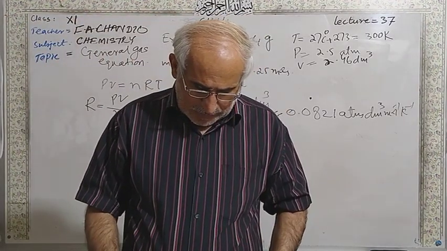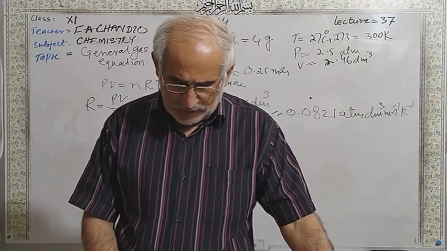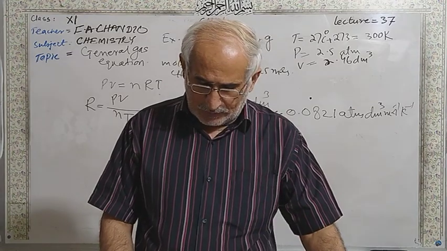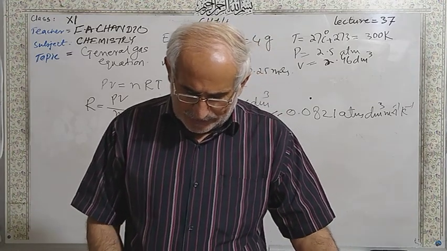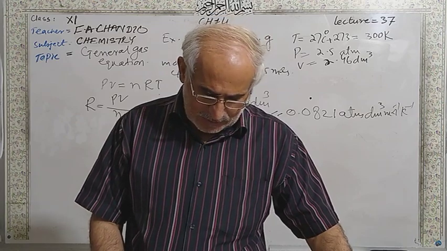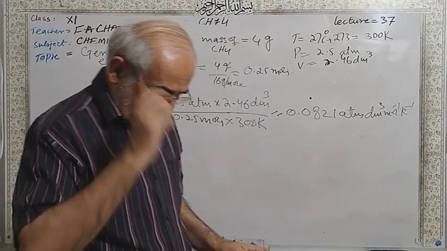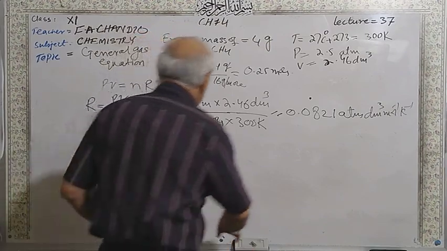Okay. Another example: find the density of ammonia at 100 degrees centigrade when confined by the pressure of 1600 millimeters of mercury. You have to calculate the density of the gas.